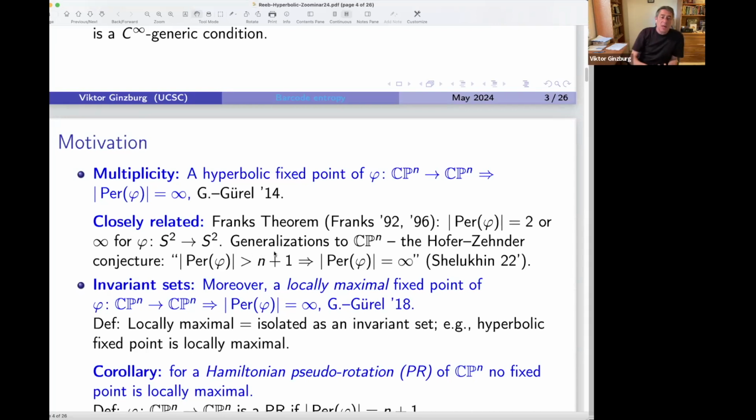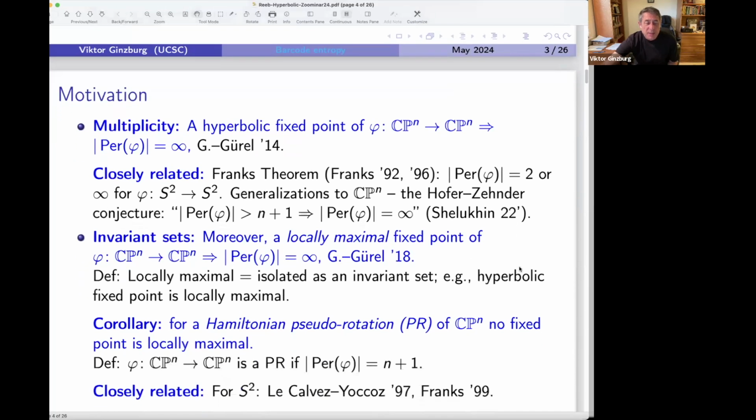By now, there are generalizations by Yegor for the projective space, namely if a Hamiltonian diffeomorphism of a projective space has more than the necessary number of fixed points, then the number of periodic orbits is infinite. So this is the first result I want to look at. And the second result is closely related.